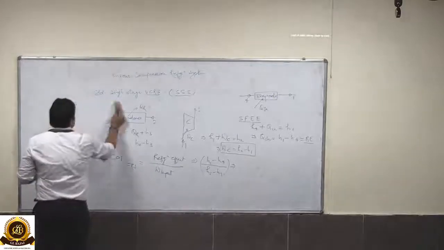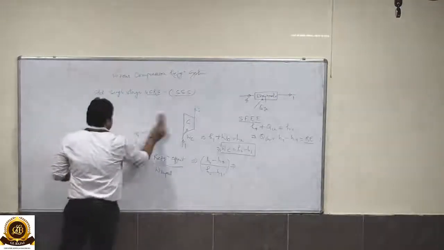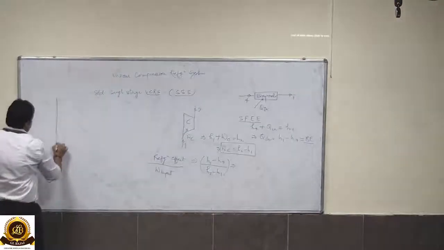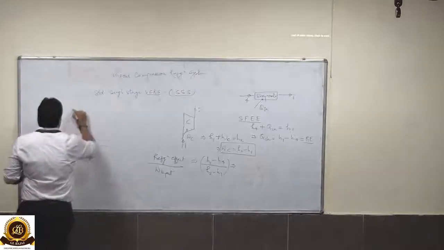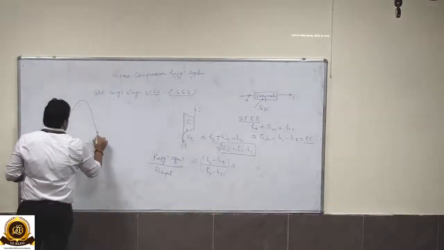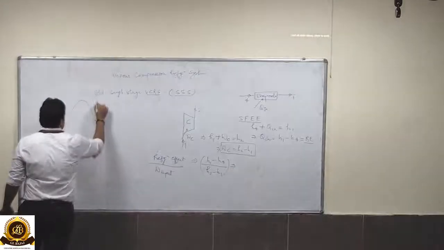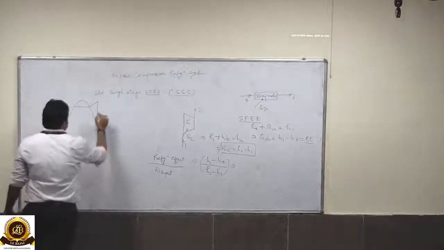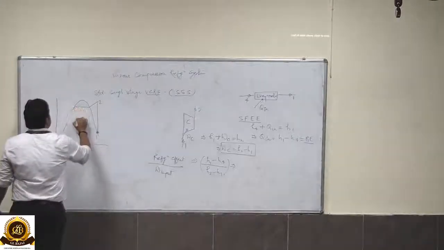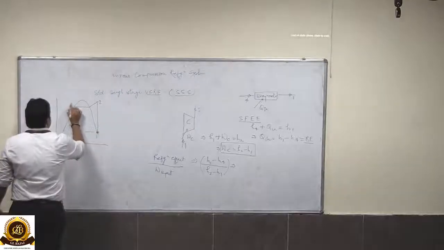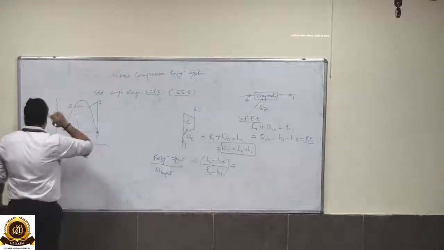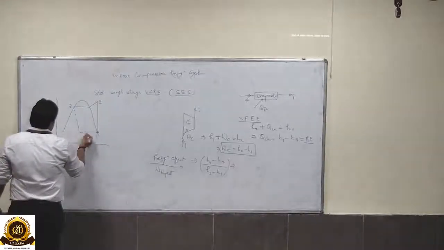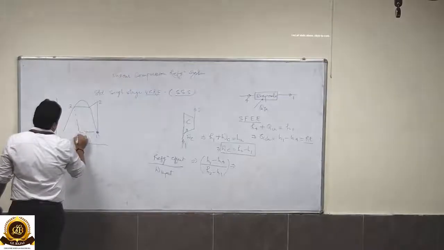If we try to solve any numerical based on this, we need to know the values at the end points: entry to the compressor, exit of the compressor, exit of the condenser, that is saturated liquid, and exit of the throttling valve, that is point 4.